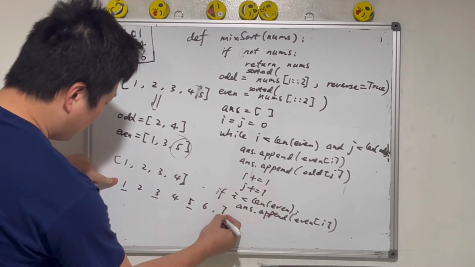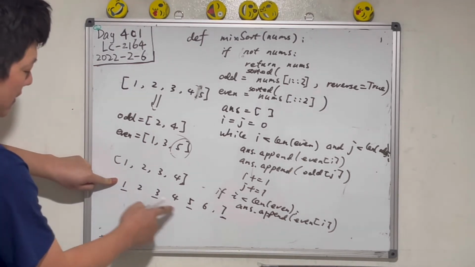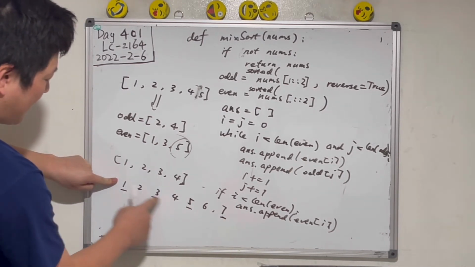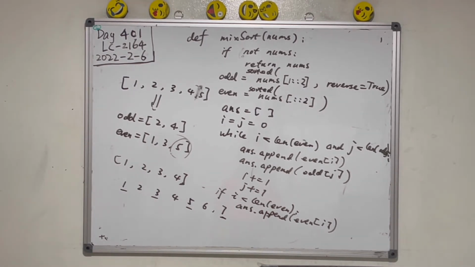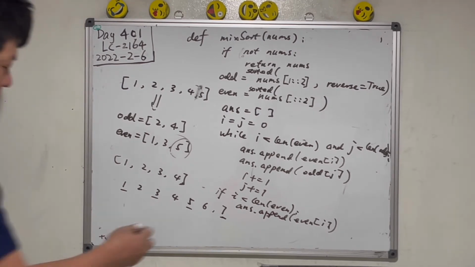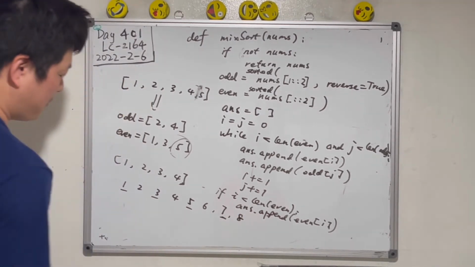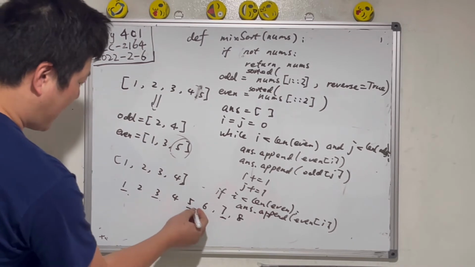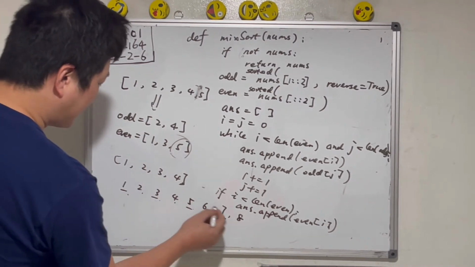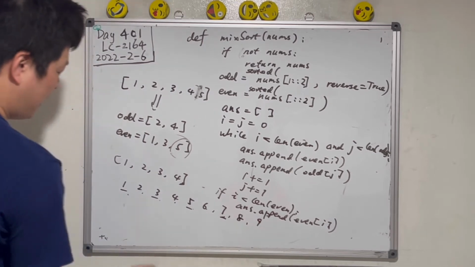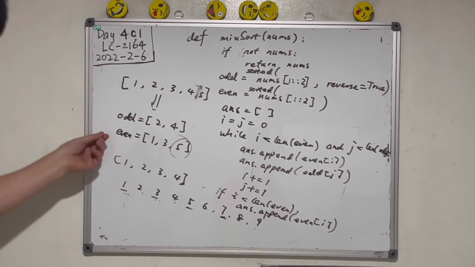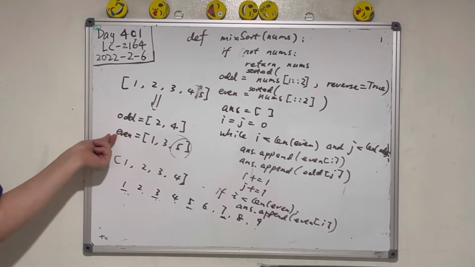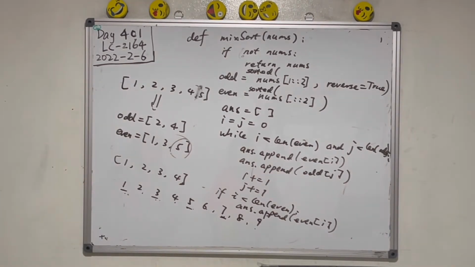If I add one more element, now even has 4, odd has 3. If I put another one, 1, 3, 5, 7, and 2, 4, 6, 8, it's the same. And then if I put one more, 1, 3, 5, 7, 9. So the even array is always at least as long as the odd array.